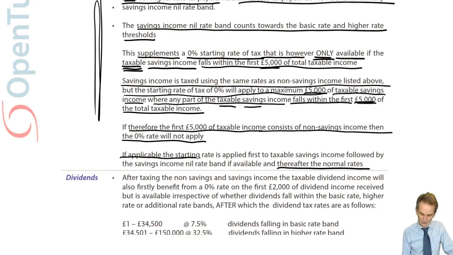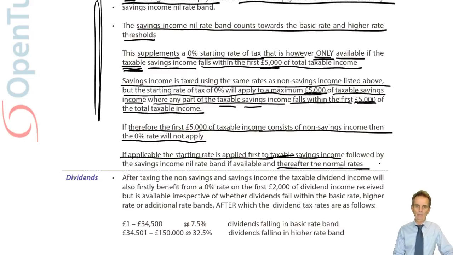If applicable, the starting rate is applied first to taxable savings income, so you deal with it first of all. Is it applicable? Is it not applicable? If it is applicable, how much of the £5,000 maximum starting rate band of 0% is available?